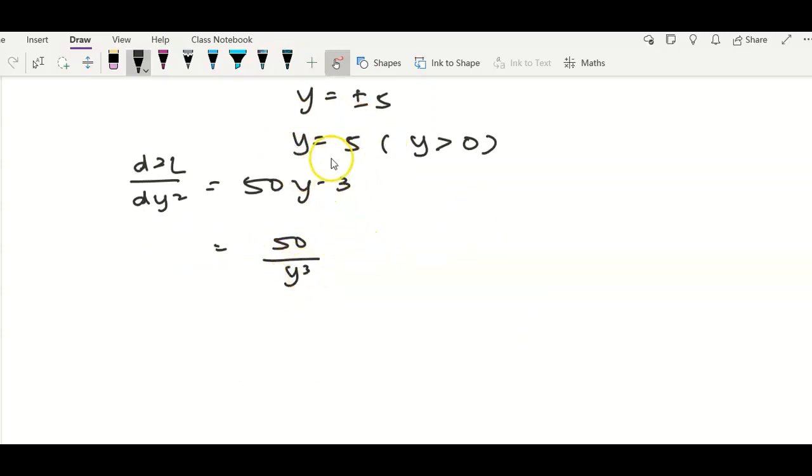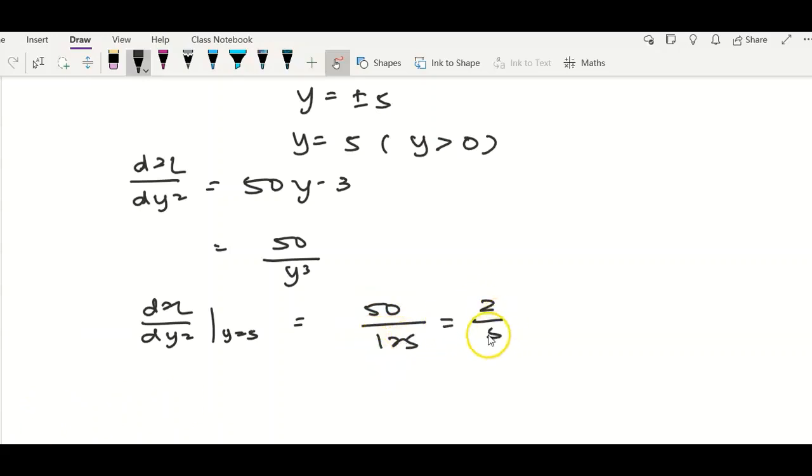Substitute y equals 5 into here. d2L/dy2, when y equals 5, will be equal to 50 over 5 to the power of 3, and we get 2 over 5, which is greater than 0. If your second derivative is greater than 0, we can conclude that L is minimum.